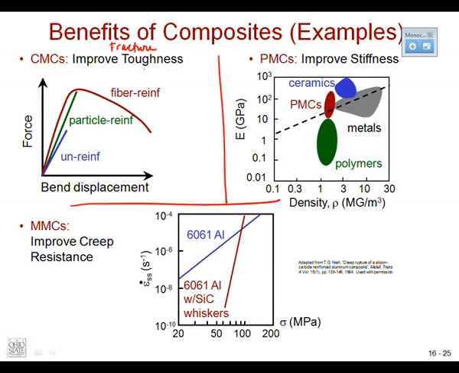With polymer matrix composites, we're trying to improve the stiffness and strength, either one of those. There's a bigger improvement on stiffness, but strength definitely improves. And then with metal matrix composites, we're looking to improve the creep resistance.